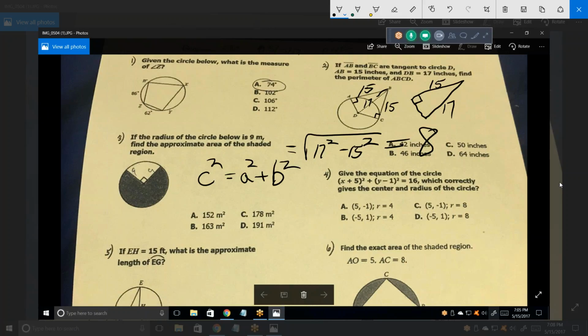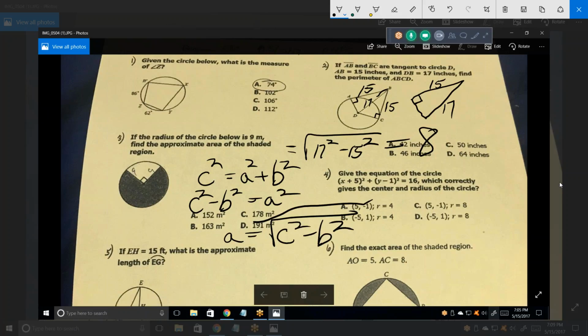If I'm solving for A or B, then I've got C squared minus B squared equals A squared. Now I have to take the square root of both sides, so A is the square root of C squared minus B squared. Remember this from the start.